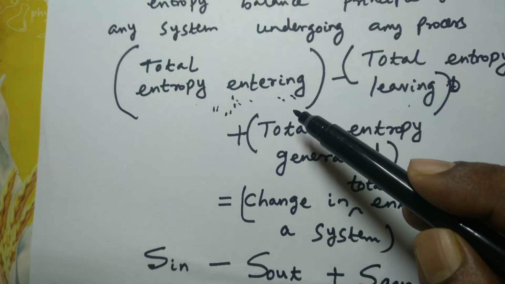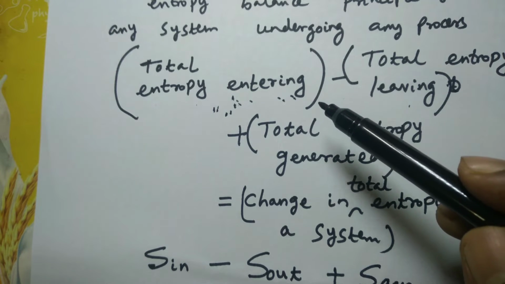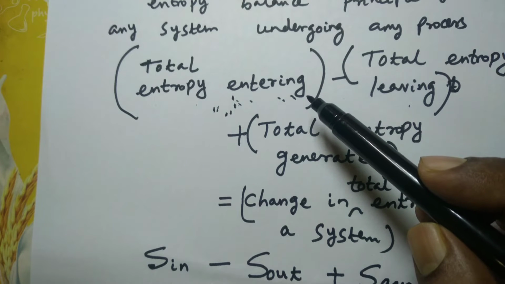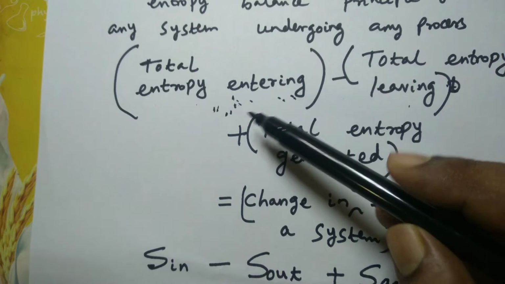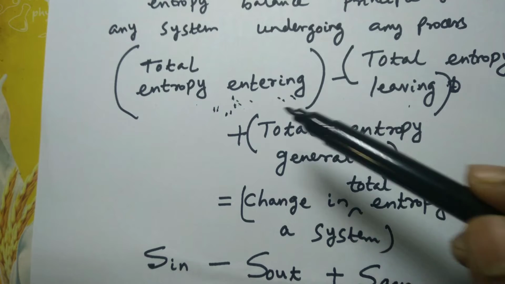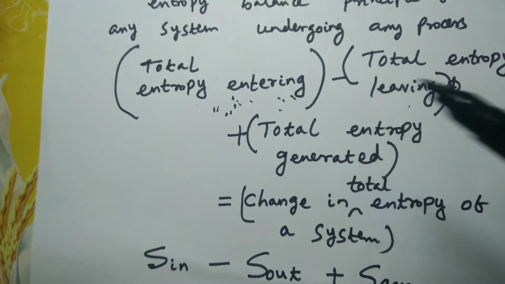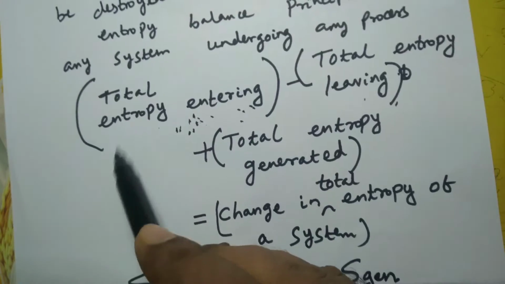Whenever any mass enters or exits the system, as happens in a control volume or open system, along with mass, entropy is also transferred.